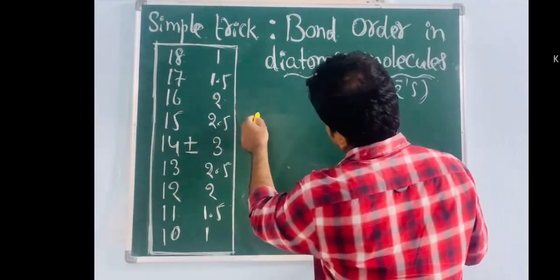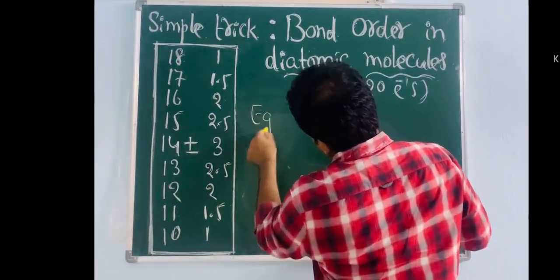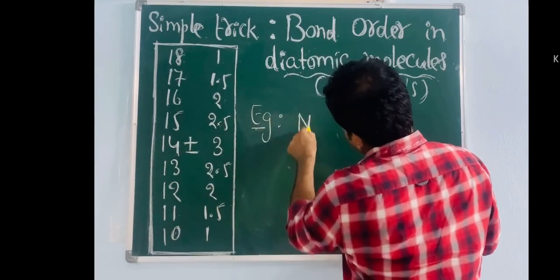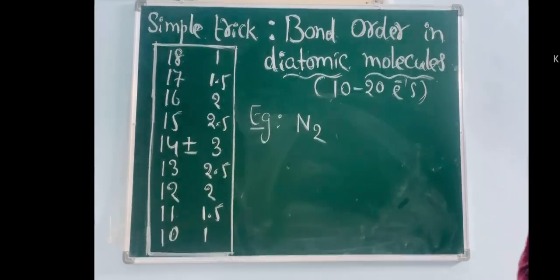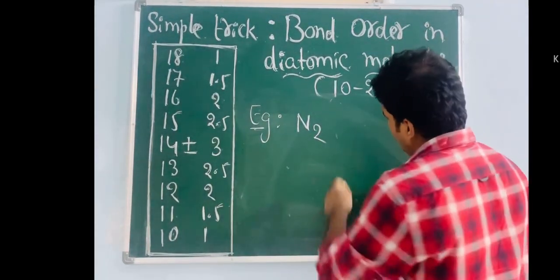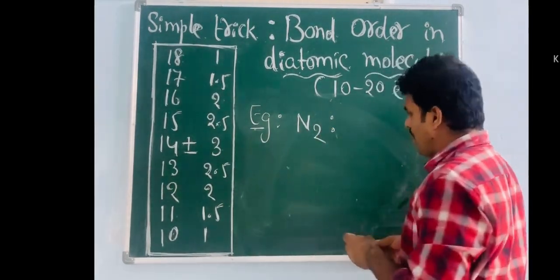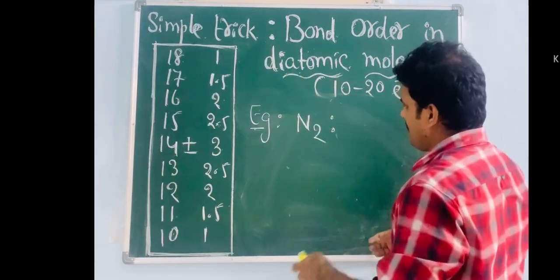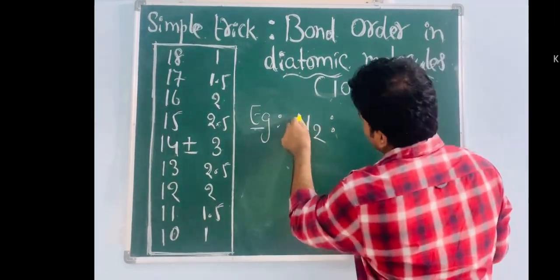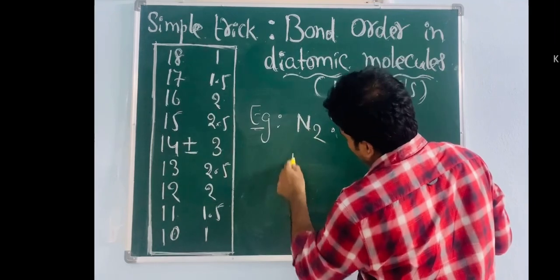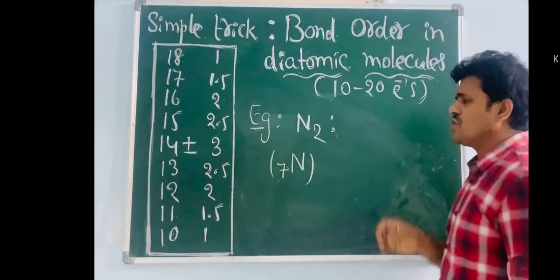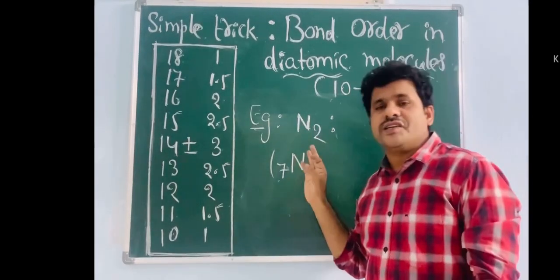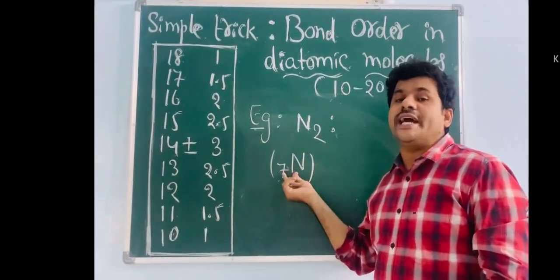So now students, for example, the nitrogen molecule. Students, the nitrogen molecule is a diatomic molecule. For this diatomic molecule, our simple trick is applied. For example, the nitrogen molecule has nitrogen atoms, and the nitrogen atomic number is 7. Students, the total number of electrons is nothing but the sum of the atomic numbers.